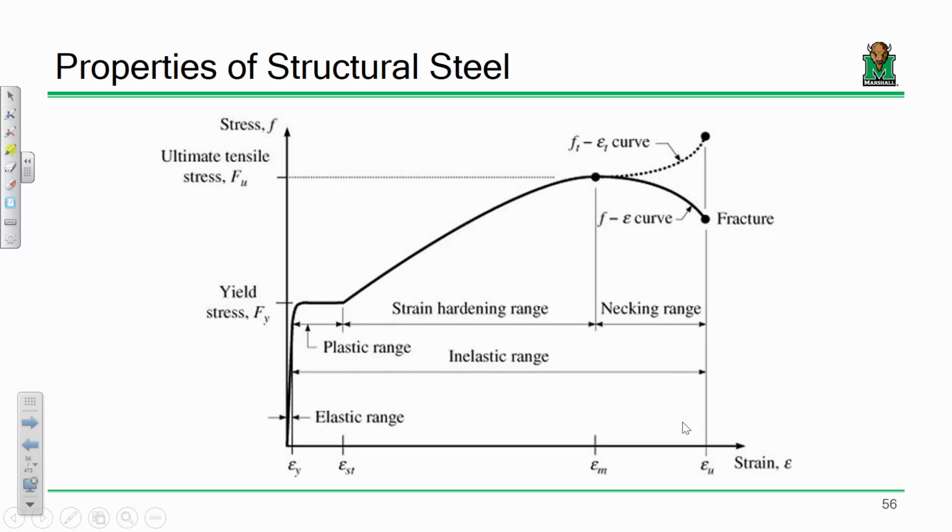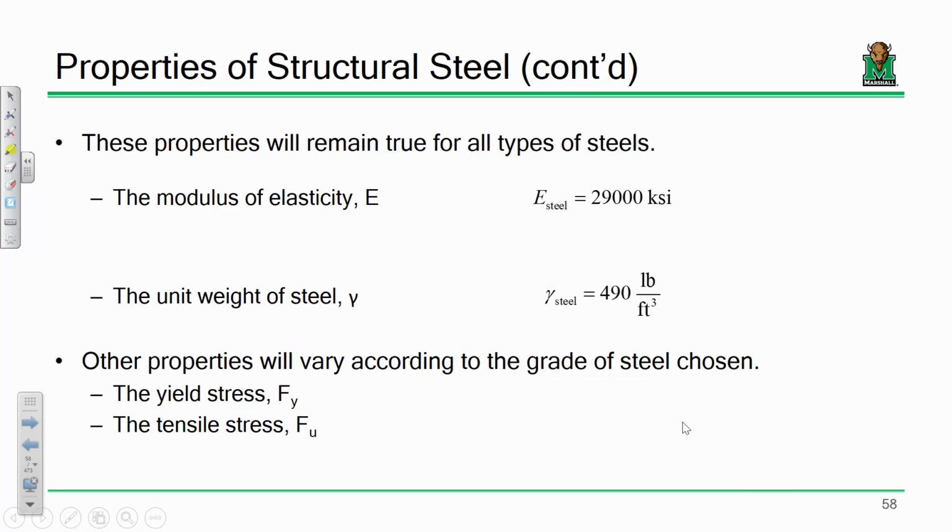That's the yield stress. And then the ultimate tensile stress, sort of the maximum stress on that stress strain curve before the sample begins necking and ultimately fractures. That does change from grade to grade.